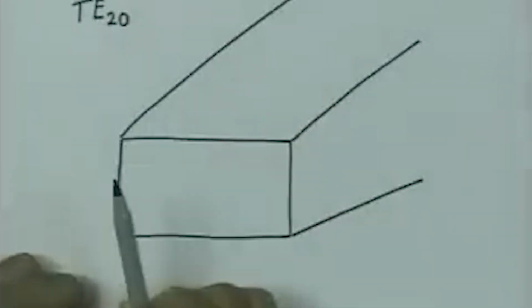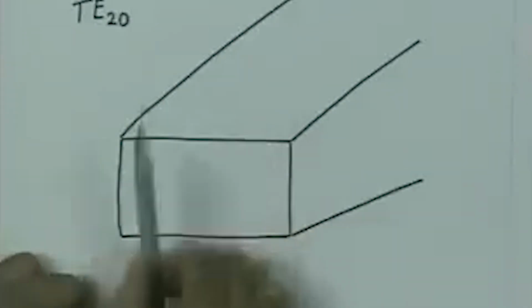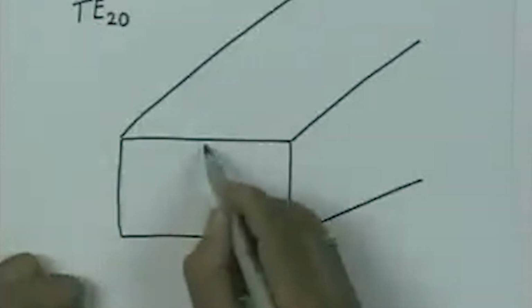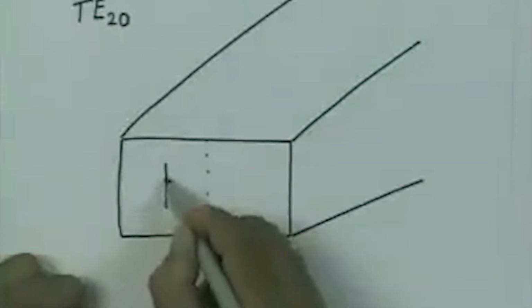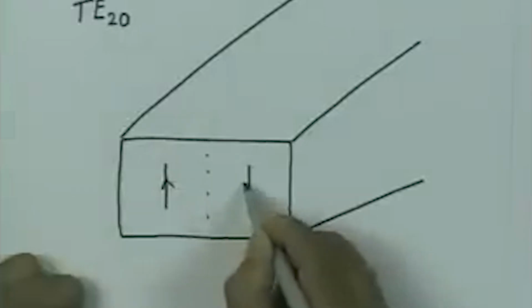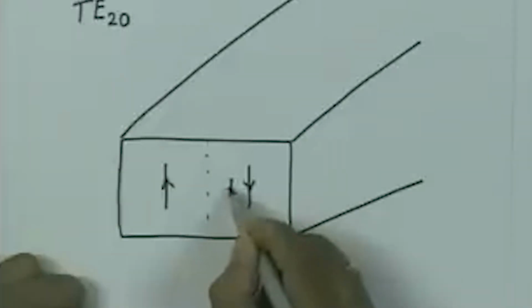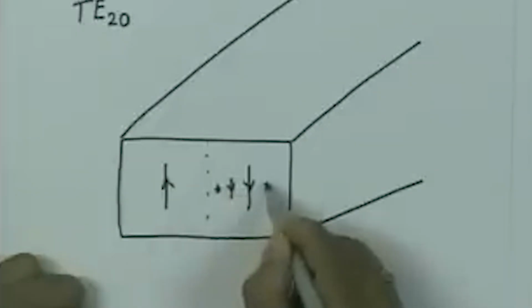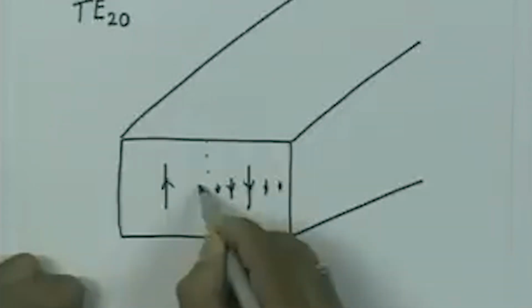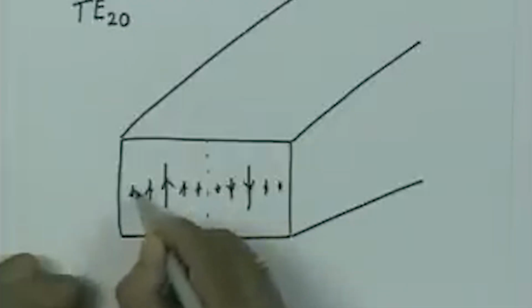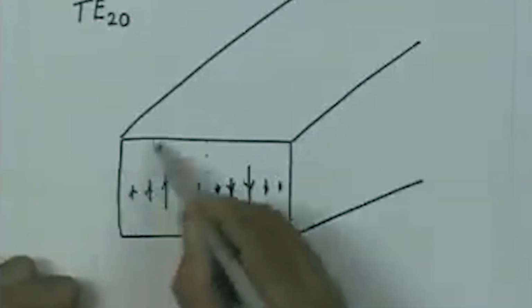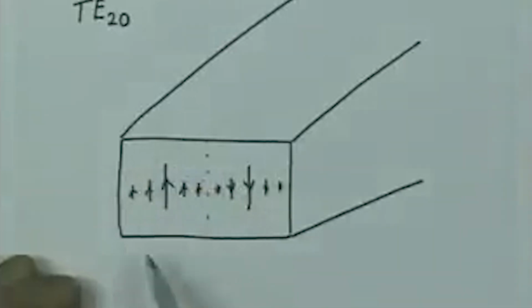So, the electric field always lies in the y direction, and it is 0 here, maximum here, maximum here in the opposite direction, then becomes 0, and increases again.